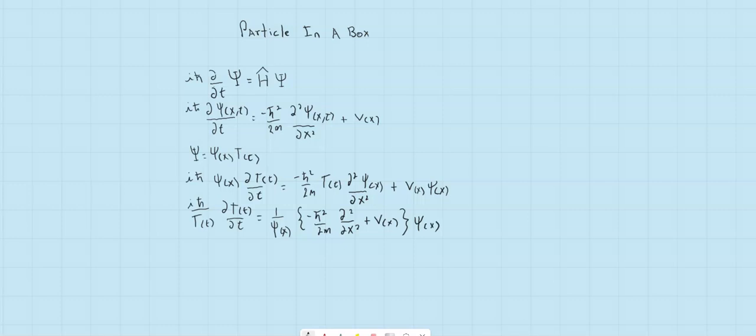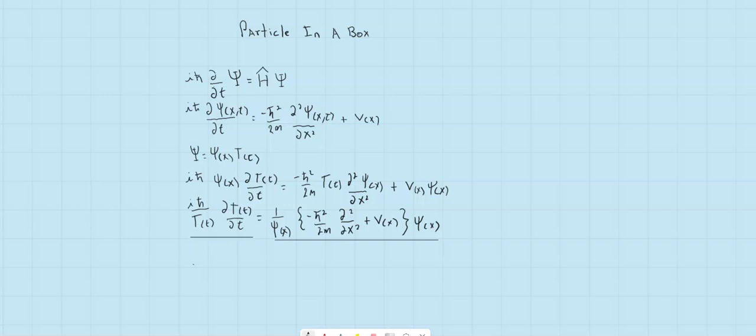And right away, this side here, the time dependent, is equal to this side over here, which depends only on x. This tells me that all of this must be equal to a constant.